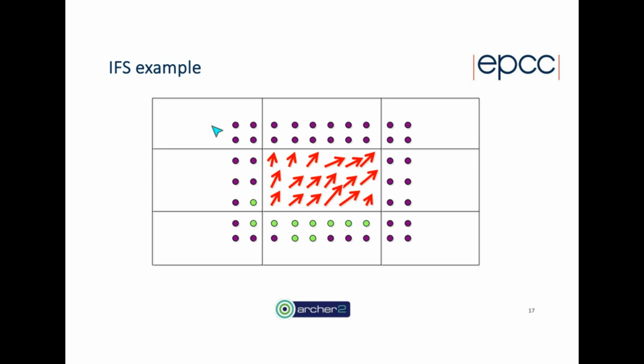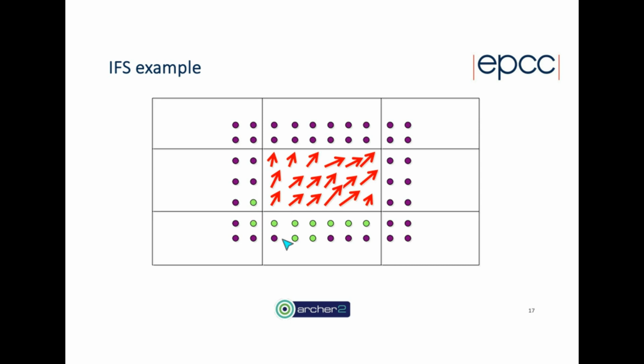So suppose these are the different domains being processed by different processors. For the one in the middle that you're interested in, at this particular point in the simulation, these might be the wind velocity vectors. It turns out on this particular time step, the data that's going to be required from neighboring processors are the ones where the wind is blowing in this direction.